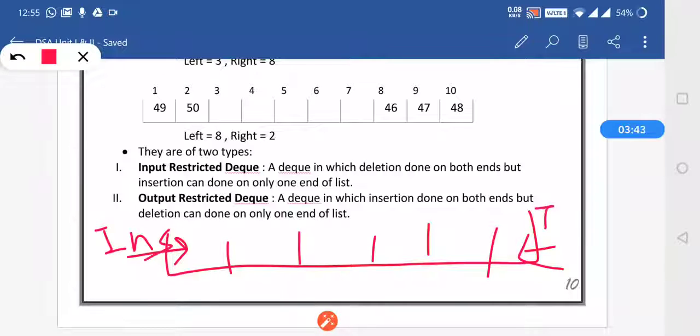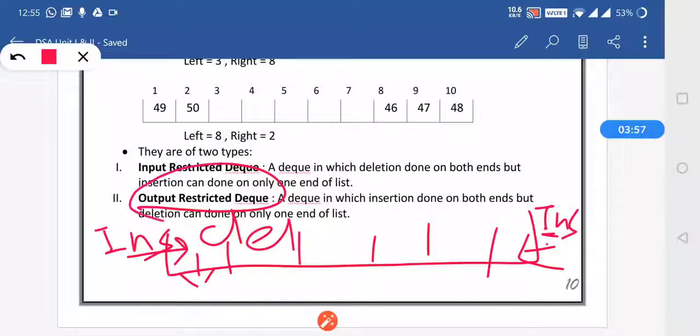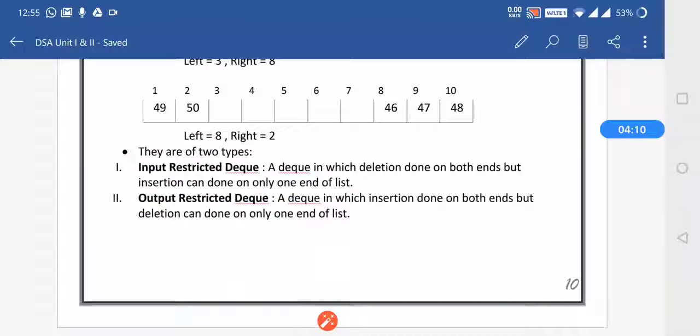We can insert the element from both the ends, but we can delete the element from only one end. That is called output restricted queue. As its name implies, we can delete the element from only one end, and in input restricted queue, we can insert the element from only one end. Those are the types of DQ.